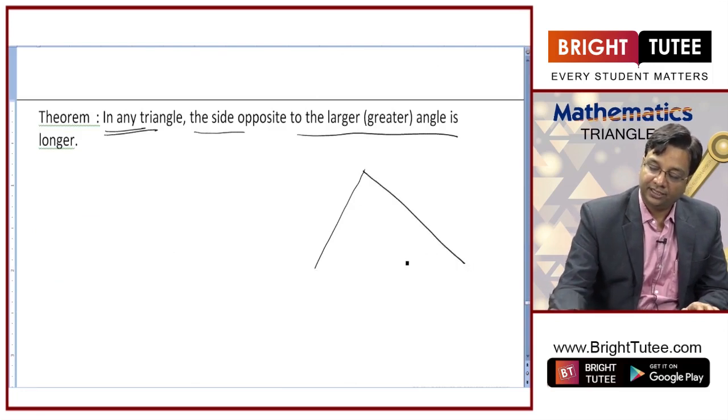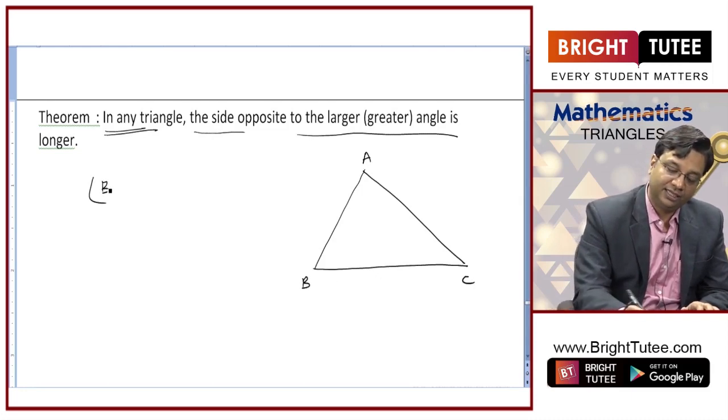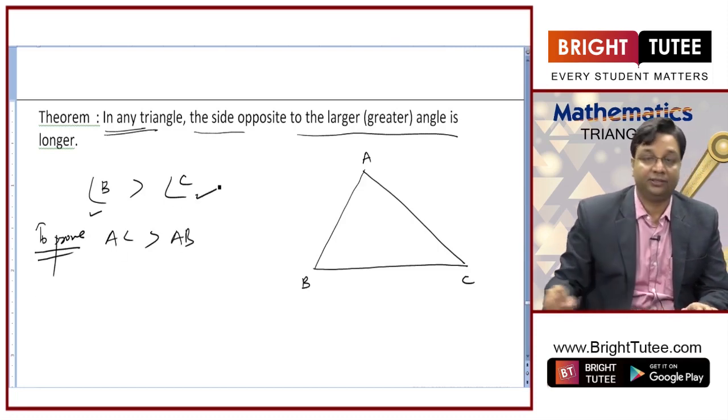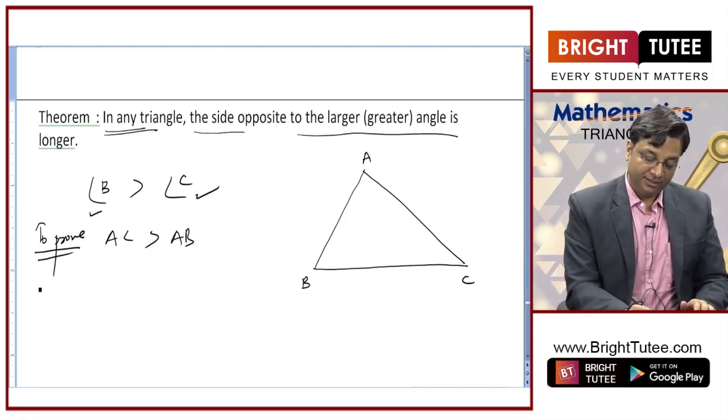So let us take a triangle here, A, B, C, and let us say it is given that angle B is greater than angle C, and we need to prove that the side opposite the greater angle, that is AC, should be greater than AB, which is the side opposite this angle, right. So let us start the proof.